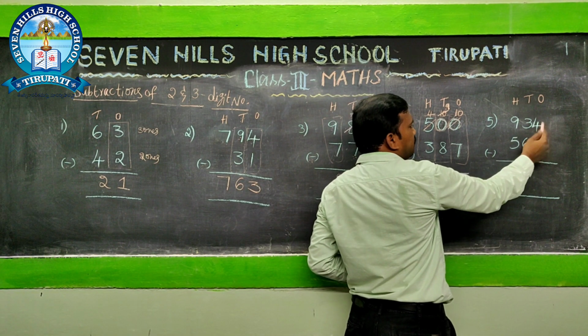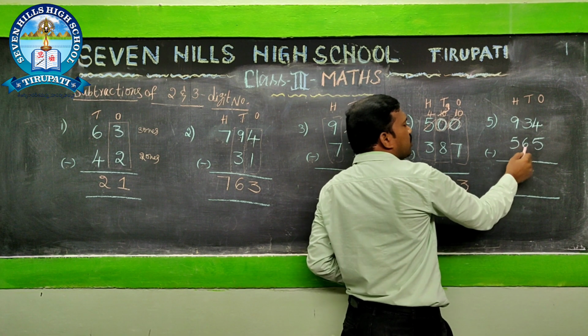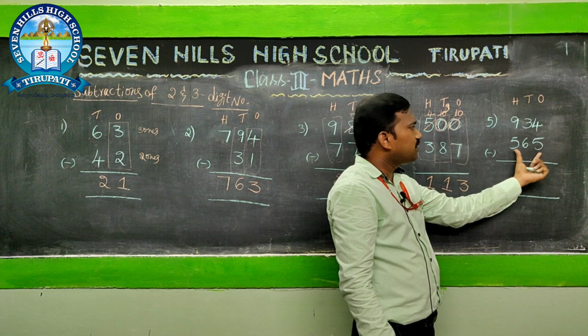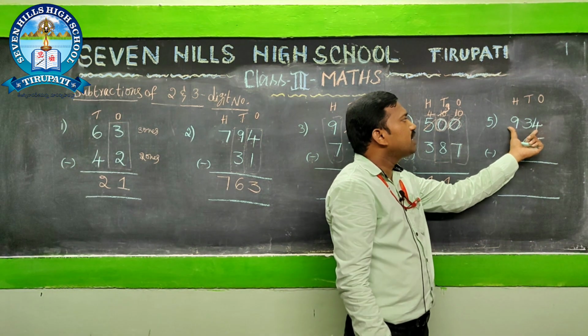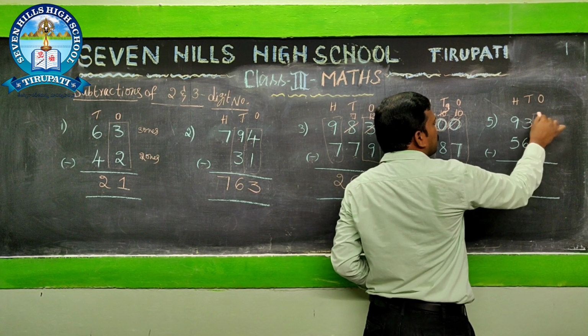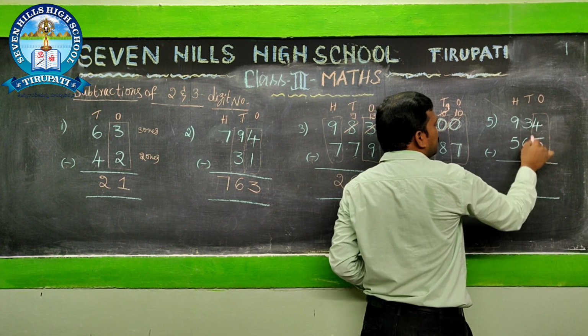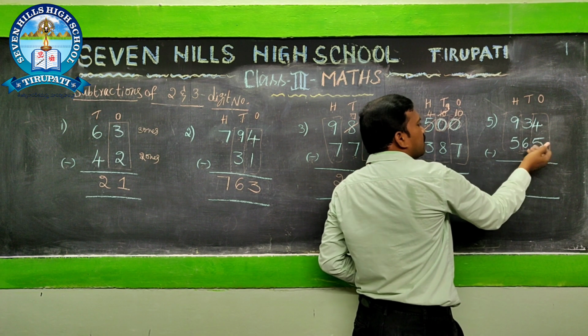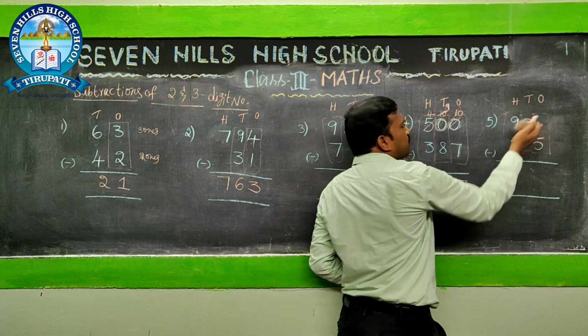Now another question. Here 934 is there and 565 is there. You have to subtract 565 from 934. How to subtract? Ones column, after that tens column, after that hundreds column. We cannot subtract 5 from 4, right?